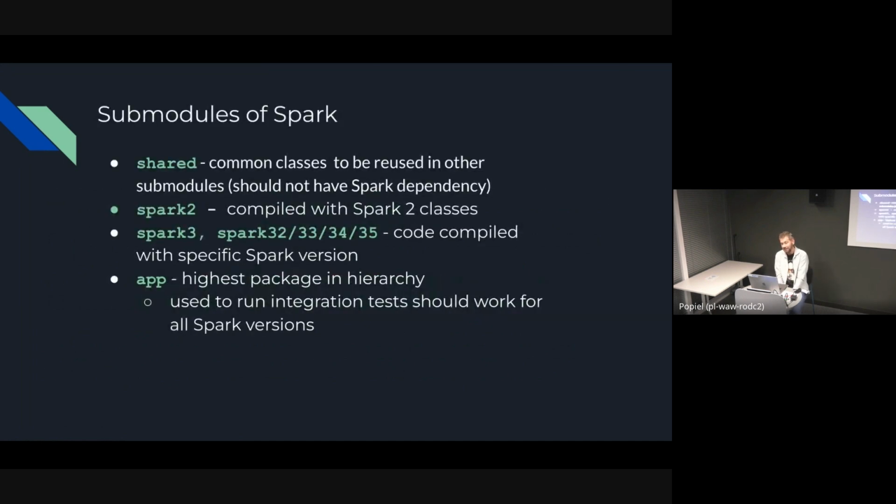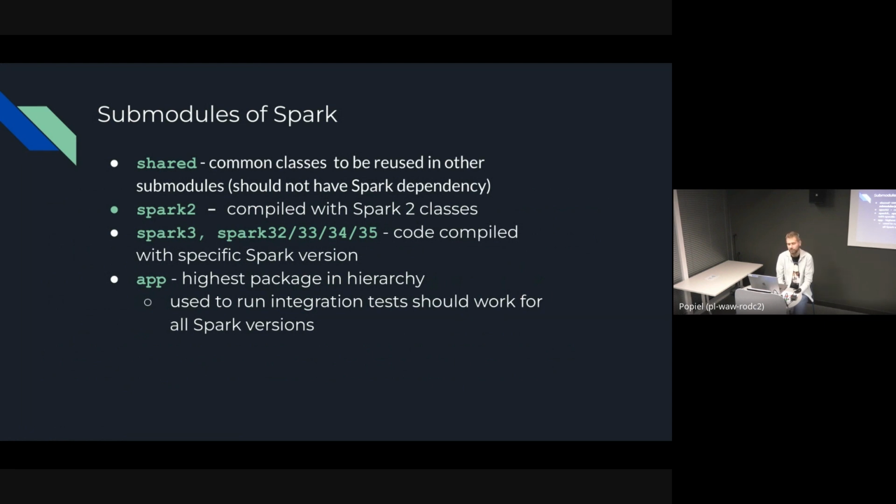But this is something interesting. It's the amount of submodules we have for Spark. The first one is the shared submodule, which contains common classes to be reused in other modules. Its main goal is that we shouldn't have any Spark dependency here.